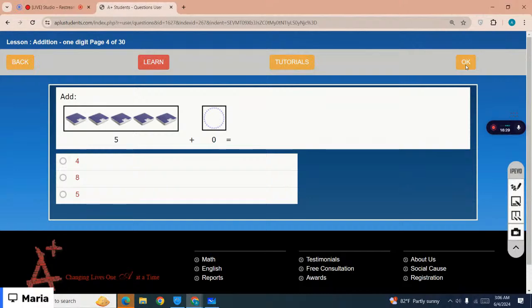The next one is 5 plus 0, which is the correct option? Five plus 0 is 5, right? The correct option is 5.